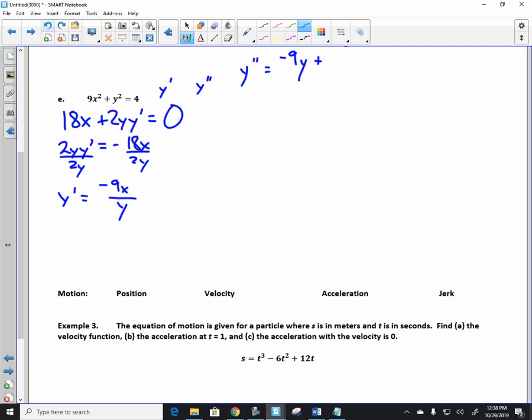So plus 9x y prime over y squared. In order to simplify this, you want y double prime in terms of x and y. You don't want a y prime in there. So I've got to get rid of this y prime. How do you think I get rid of that? Yeah, you substitute negative 9x over y in for y prime.